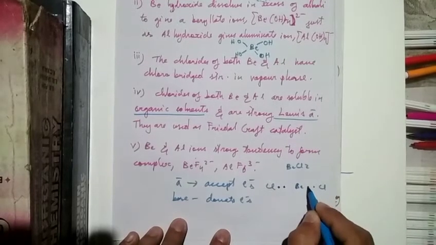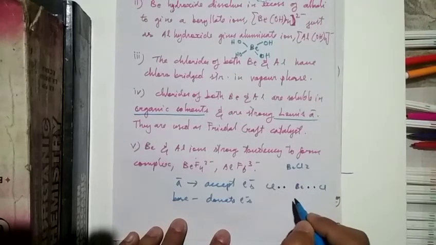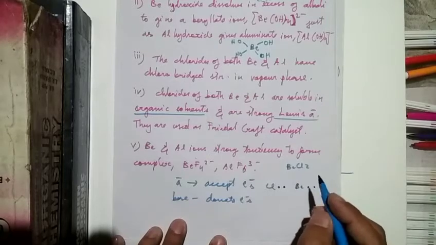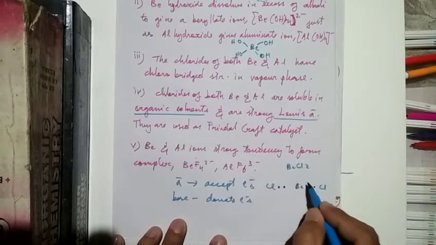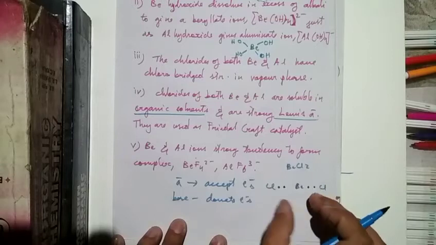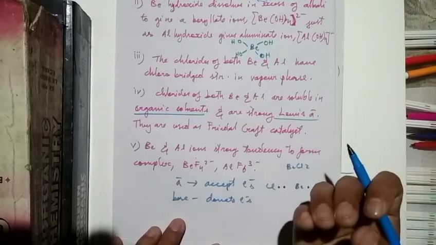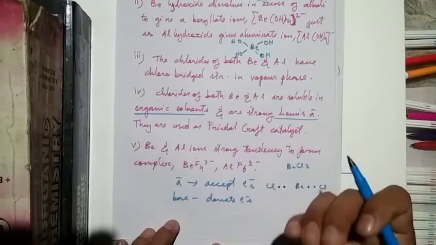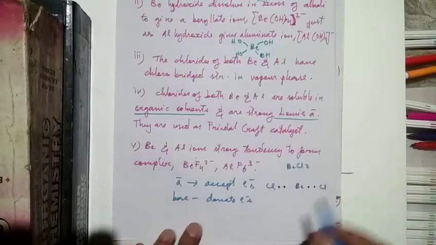This dot denotes the electron. So there are 4 electrons involved, and to form a complete octet they will need 4 more electrons. Because of that they will have a tendency to accept electrons.